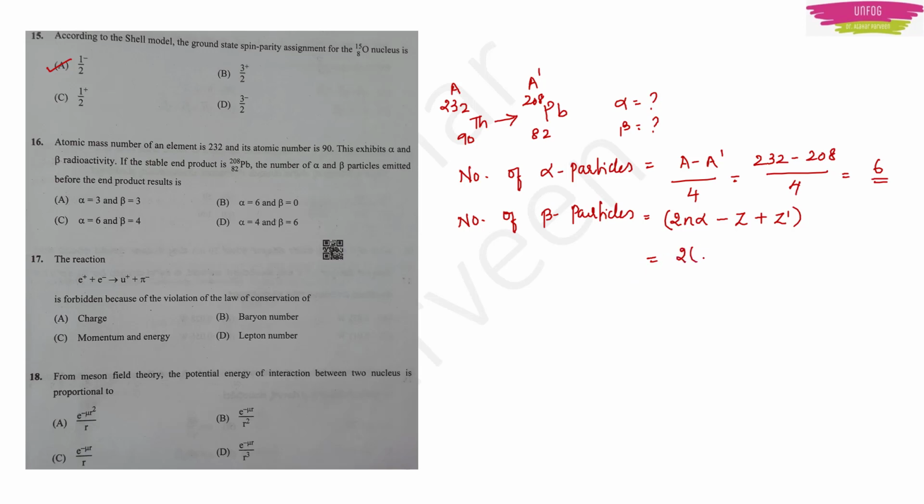So 2 into 6 minus 90 plus 82 will be equal to 4. So number of alpha particles released are 6 and number of beta particles are 4. Alpha should be 6 and beta should be 4. Option C is the right answer.